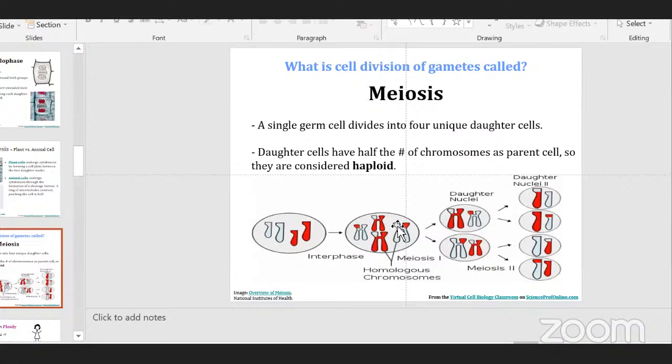This is followed by meiosis 2, where the same thing is done, but you have formation of 4 daughter nuclei, which are not the same as the parents.